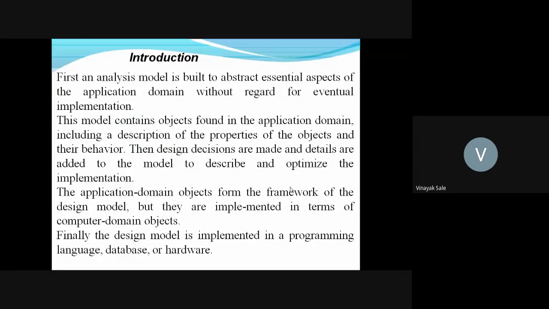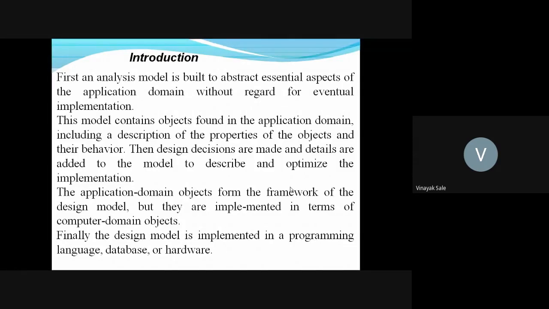So the first analysis model is to build the abstraction of essential aspects of the application domain without regard for eventual implementation. This model contains objects found in the application domain, including a description of the properties of the objects and their behavior.